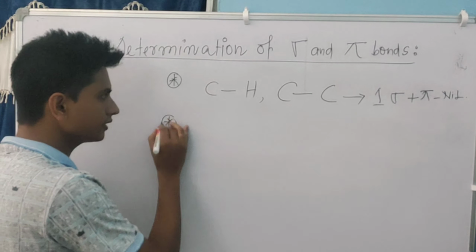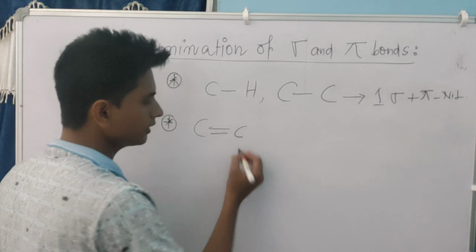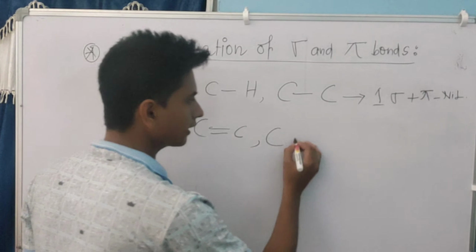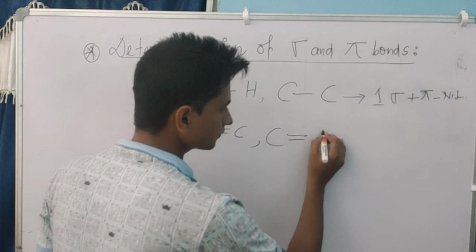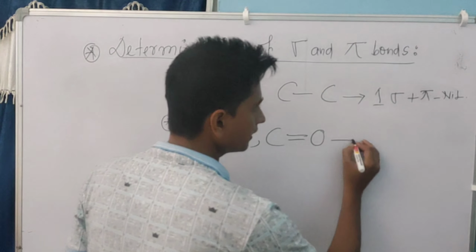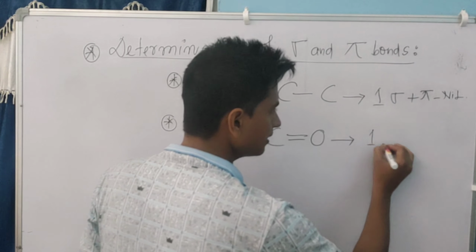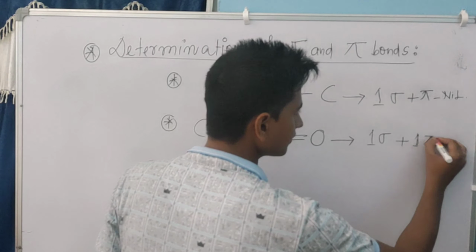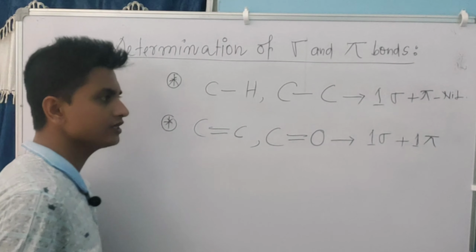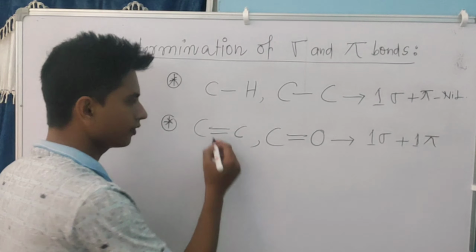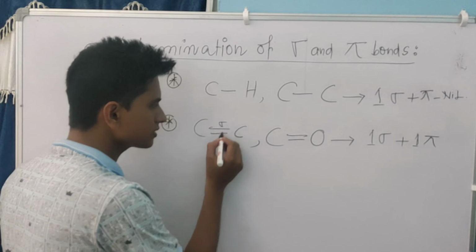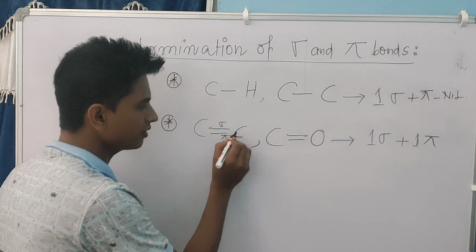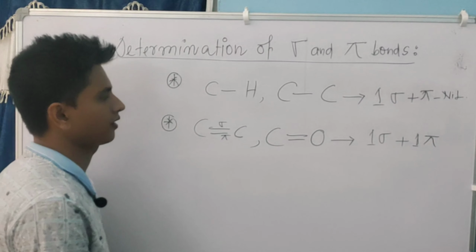The second formula: if a compound contains a carbon-carbon double bond or carbon-oxygen double bond, then one bond is sigma and another is pi. That means the number of sigma and pi bonds is 1 and 1. This bond is sigma and the remaining bond is considered as pi.